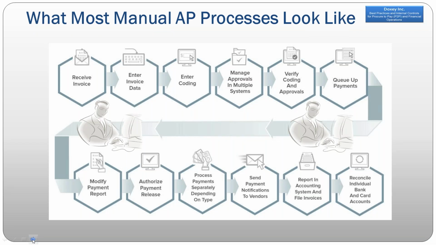Here's a busy slide, and I think it's actually almost a simpler look at what most manual AP processes look like. If you think about it, we receive a paper invoice, we enter the data. So that's where somebody's touching it. Somebody's opening the mail, putting an invoice in, somebody's coding that invoice with GL codes, and managing approvals in multiple systems, certainly POs, invoices, and it could certainly cause a problem, particularly if your approval process is manual.